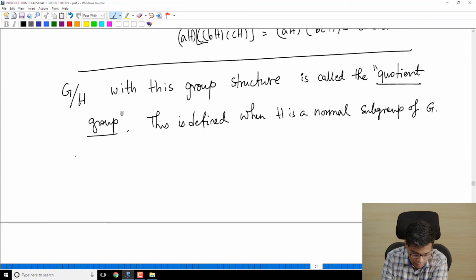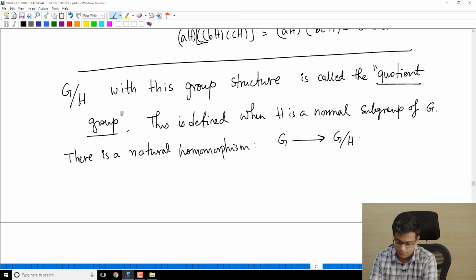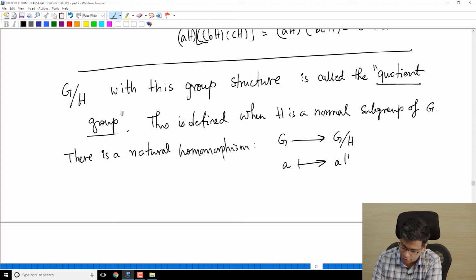There is a homomorphism phi from G to G mod H. Okay, what is that? You take A and you simply map it to AH.